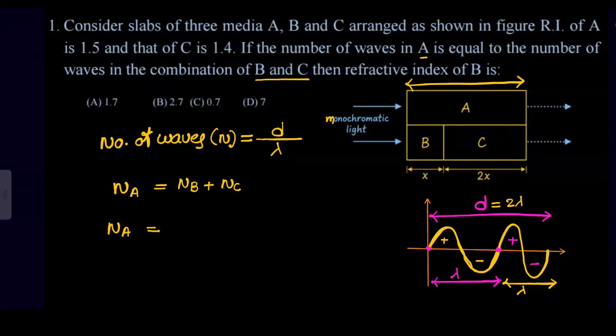We need the number of waves, right? What is the number of waves formula? D by lambda. How much is the distance of slab A, the length of slab A? How much is it?